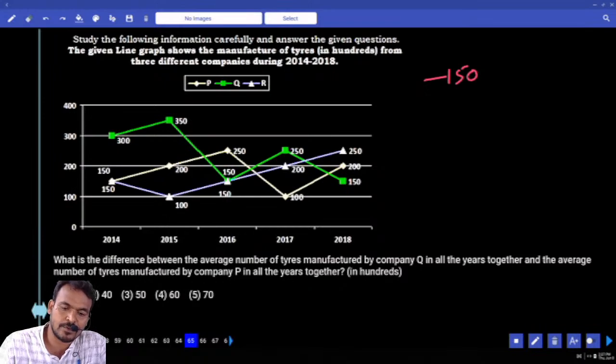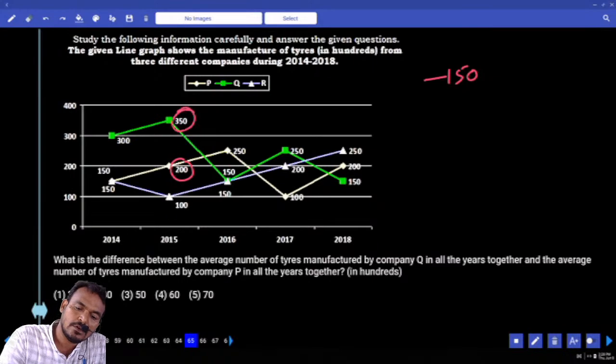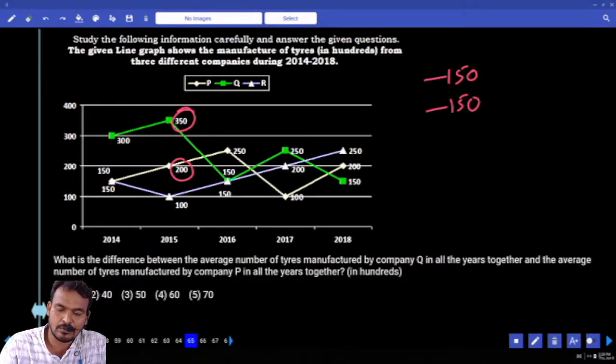Next in 2015, what is the P value? 200. Q value 350. How much more? 150 more. In 2016, what is the P value? P is 250. Q value 150, means we write plus 100. 2017, what is the P value? 100. What is the Q value? 250.